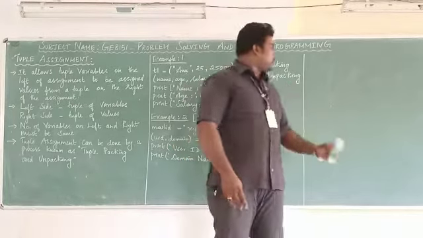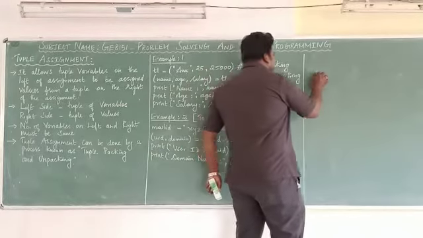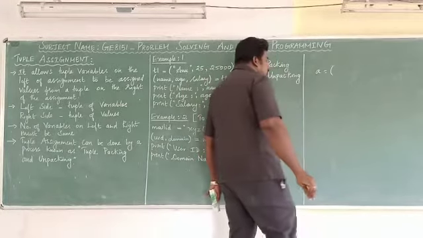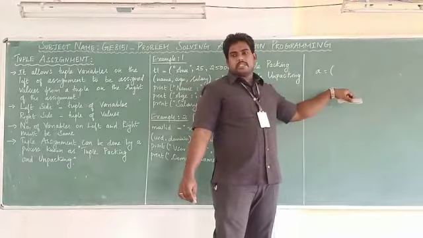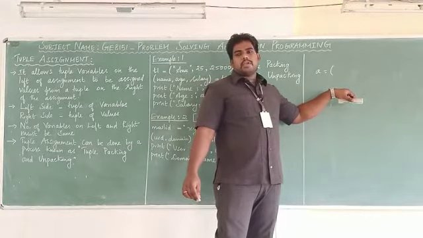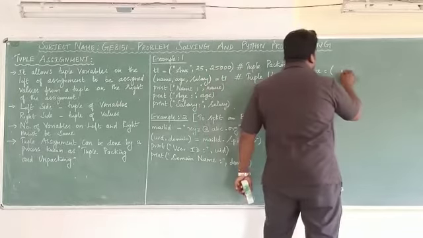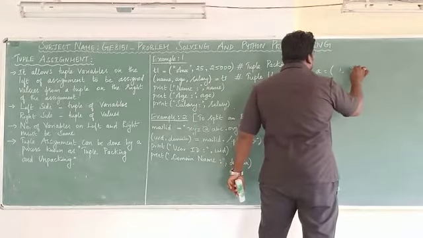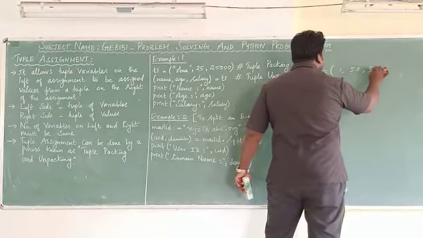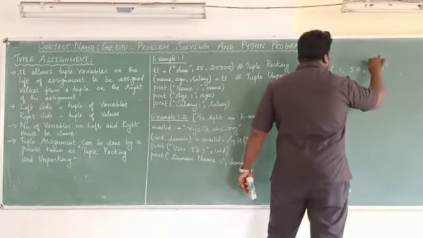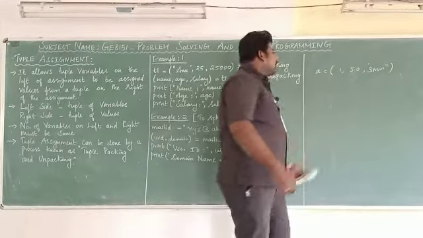So how do you represent a tuple? For example, A equal to, you have to put parentheses. The bracket symbol denotes a tuple. A equal to, then in brackets 1 comma 50 comma, then you can pass a collection.